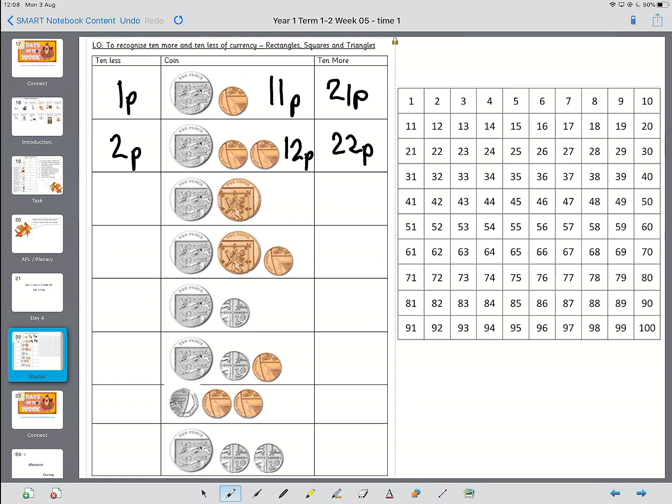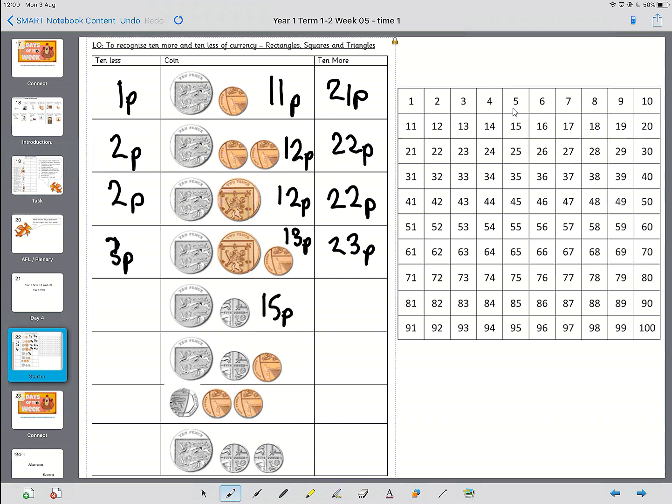So the next one is 12p as well. So that's going to be 22p when it's 10 more, and 2p when it's 10 less. This is 13p. So that's going to be 3p when it's 10 less, and 23p when it's 10 more. This one's 15p. So we've got 15 here.